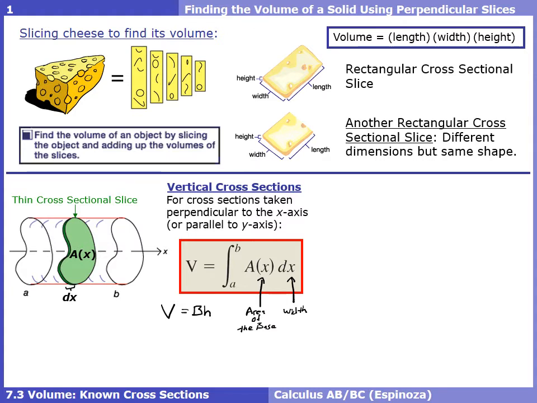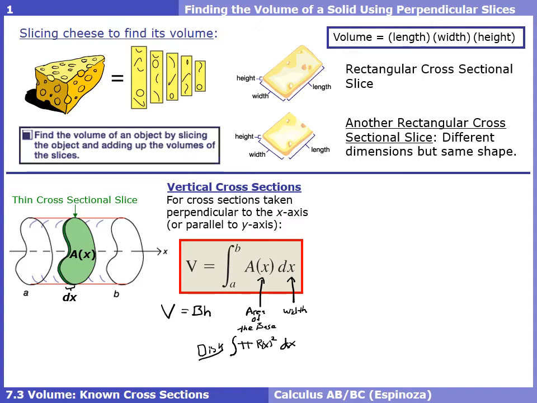So ultimately, I hope you're seeing this as the same formula that we used in 7.2. It's just that in 7.2, we knew that we were dealing with disks, so we could be specific. We knew the area of the disk was pi r squared. So if we had a disk, the volume was pi r squared dx.